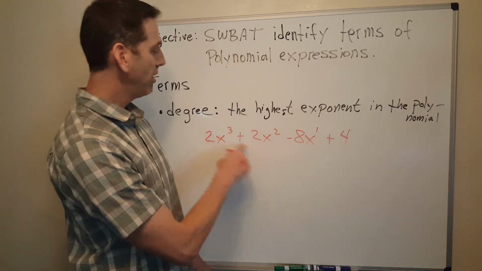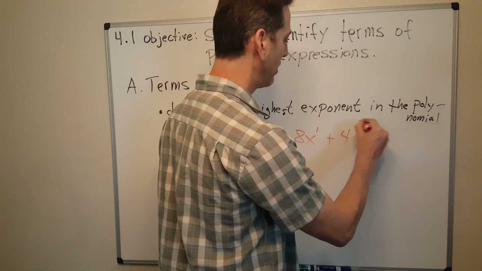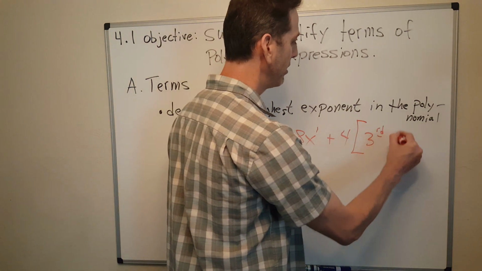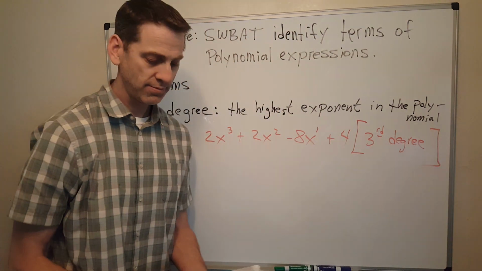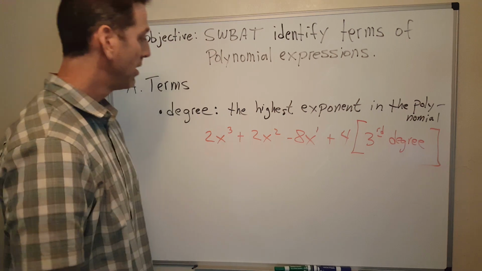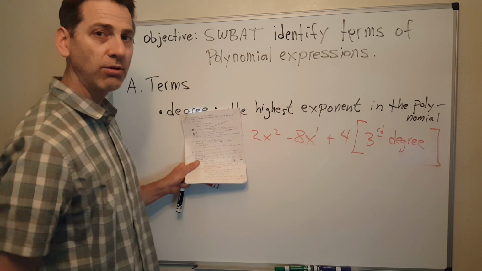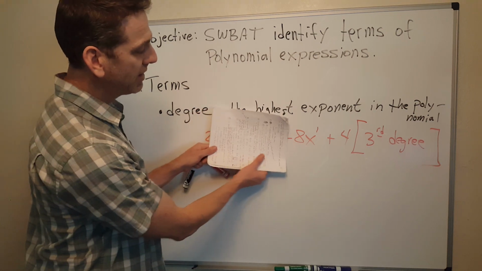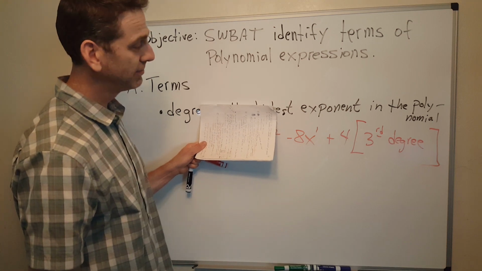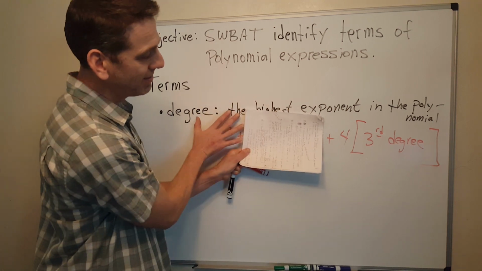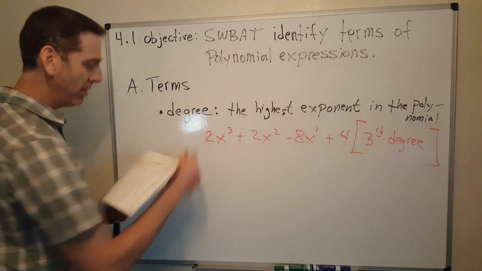The largest exponent is a 3. So this would be a third degree polynomial. If I just had this right there, now it's a second degree polynomial. If I just had that right there, now it's a first degree polynomial. If I just had the 4, I guess that's a zero degree. So that's the degree of the polynomial.